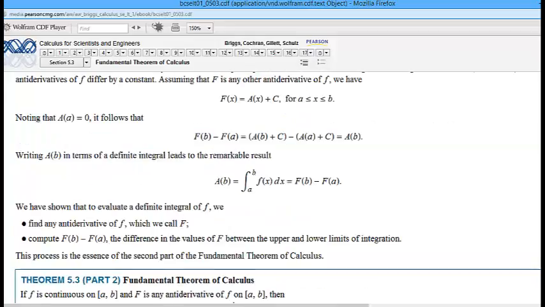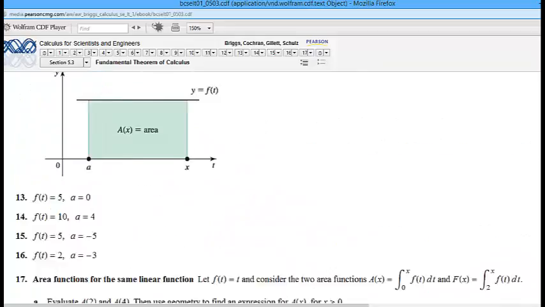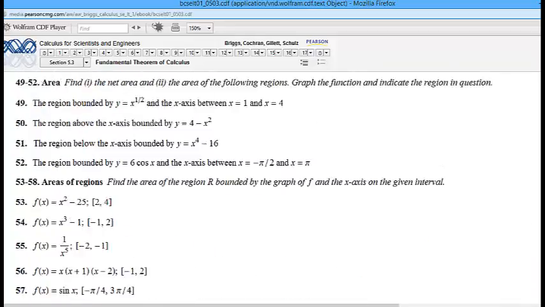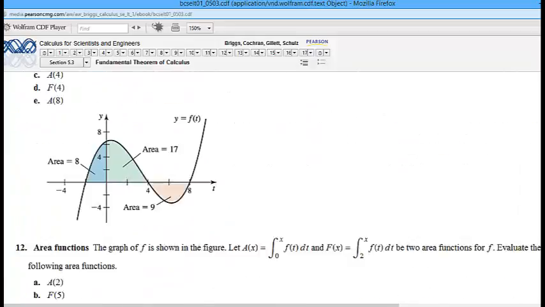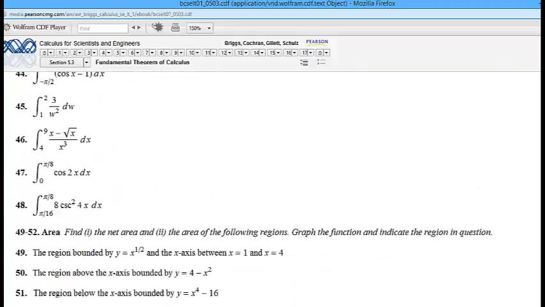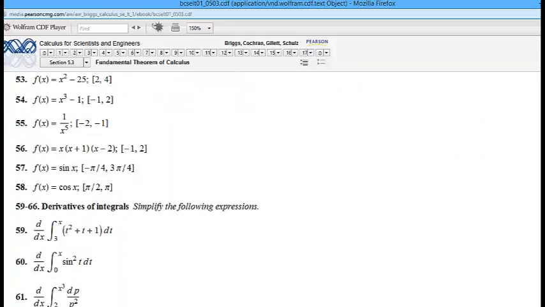Okay? Let's go down to some homework problems. Let's try, I think number 60 was one I wanted to do. Yes. I like 60. And I like 59. We'll do both of those. 59 and 60 are excellent problems to demonstrate the first fundamental theorem of calculus.